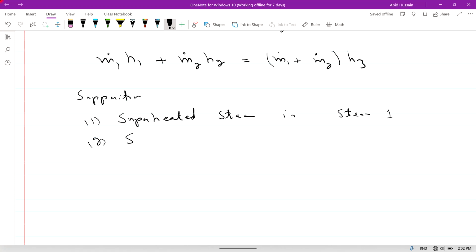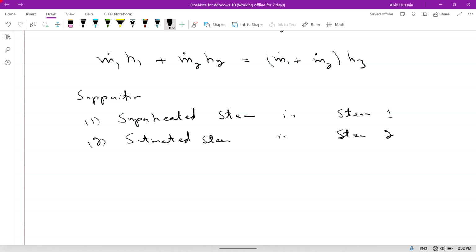Saturated steam, or steam in the wet region, is steam 2.